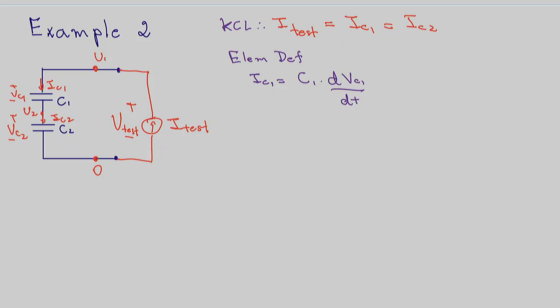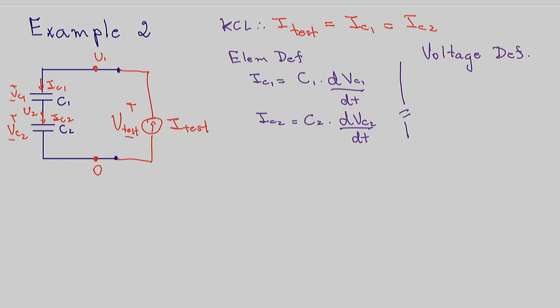And IC2, what is IC2? C2 times dVC2 over dt. But now we have to be a little bit more careful about our voltage definitions. I'm going to make here in the corner voltage definitions, because now we have one more node, right?